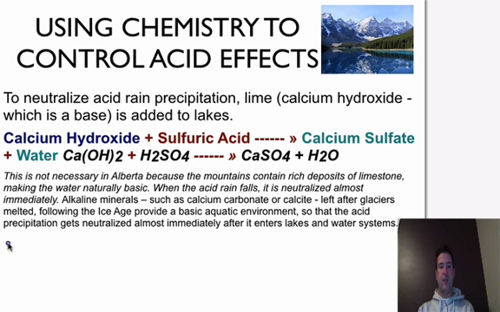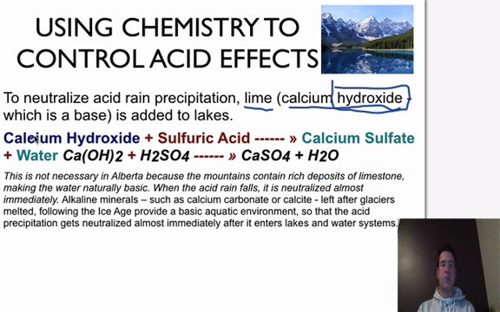So when this acid precipitation or acid rain falls, we use a process called liming. And liming is basically, we take lime, whose chemical name is calcium hydroxide, and hydroxide being the key here, because hydroxide is going to bond with the excess hydrogen ions and neutralize, creating the formation of water.